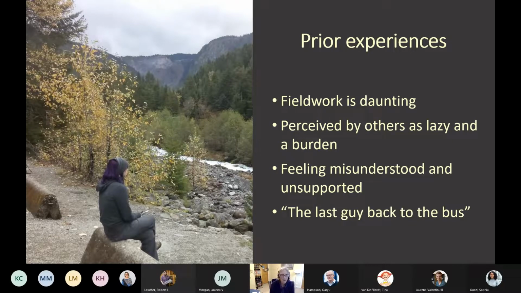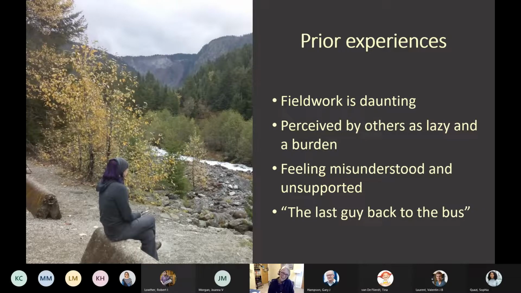They felt that on previous fieldwork they had been perceived by other people as being lazy, as being something of a burden, that the conditions that they were living with and that presented them with the challenges they were trying to overcome were misunderstood. And because they were misunderstood, they felt unsupported both by their peers and by academic staff. And there was a real sense that they had felt socially excluded on previous fieldwork.